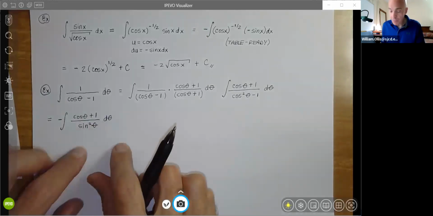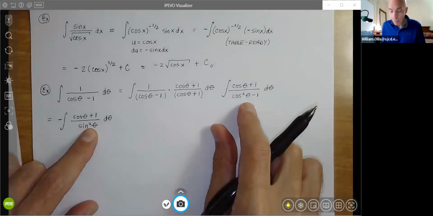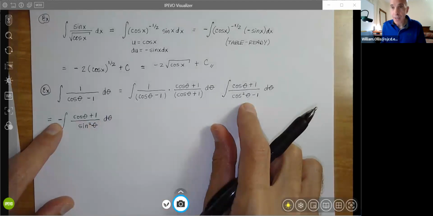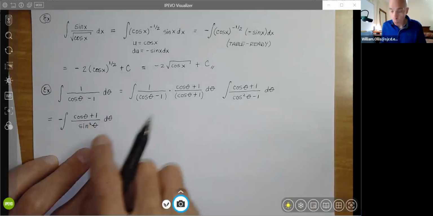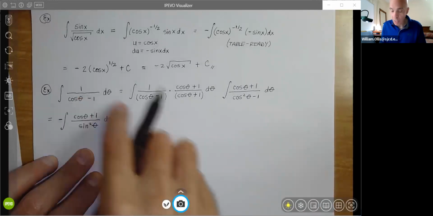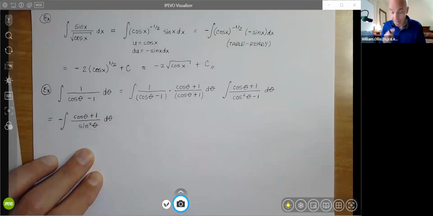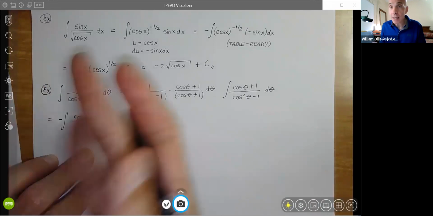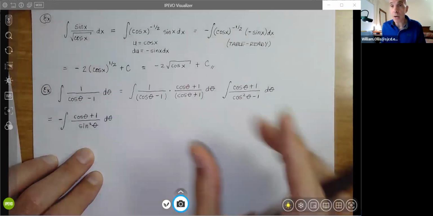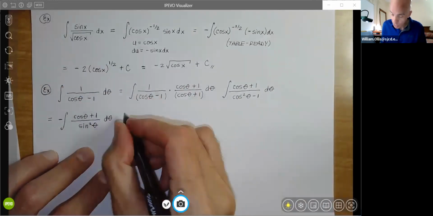That way we have the negative sine squared here, but I'm going to remove it to the outside of the integral sign, just using linearity. And now when you look at this, you're thinking, okay, this is a rational expression in sine and cosine that we can reduce using our basic trig identity. So let's do that.